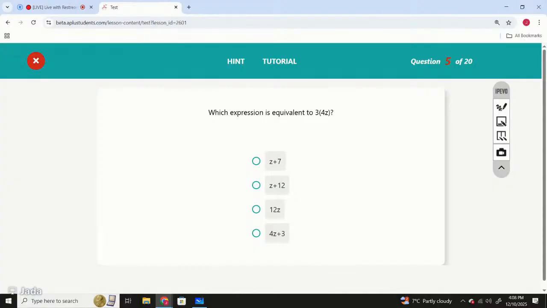Which expression is equivalent to 3 times 4z? So 3 times 4 is 12. That is 12z. Option number 3 is the correct option.